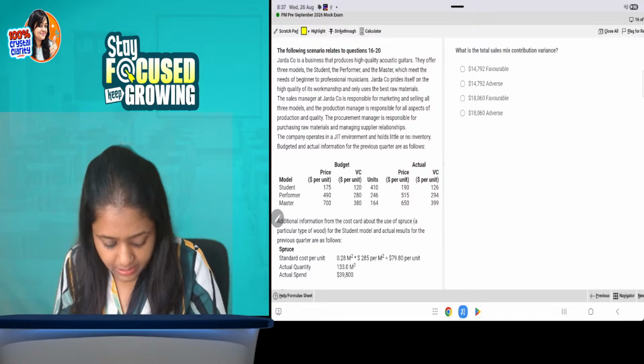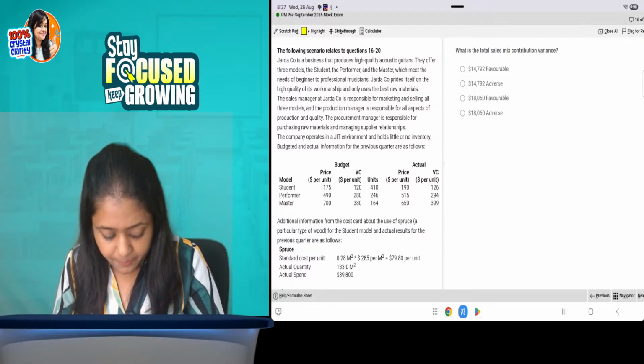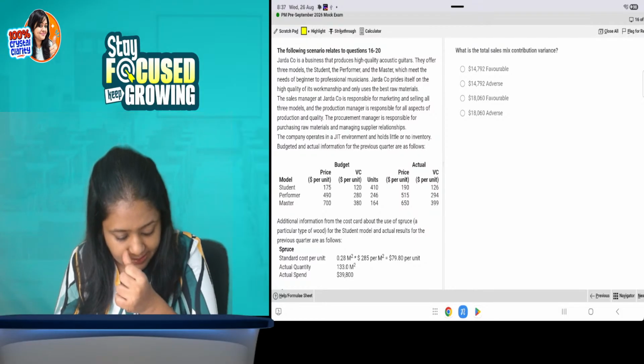Okay, let's start doing the calculations. I've got the budgeted contribution that we can calculate. If we have the units, we multiply it and get the values, right? So I will take this.